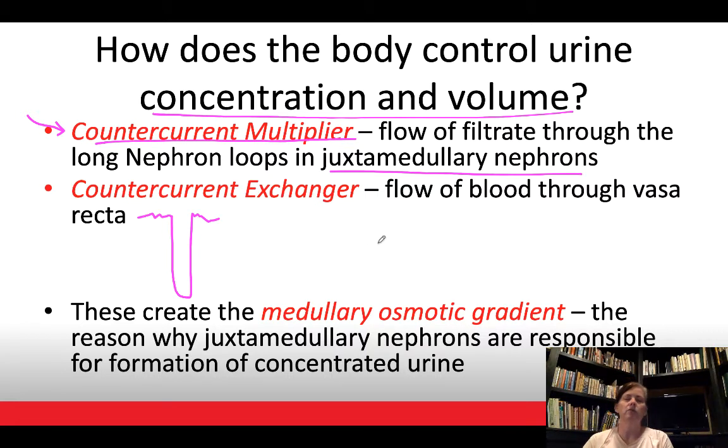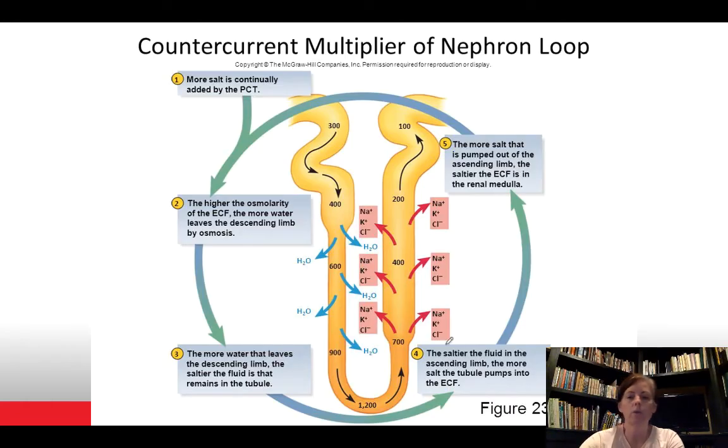If you remember, I said these accounted for only about 15% of the nephrons as a whole, and they were responsible for creating concentrated urine. So how does that happen? This is going to happen through this countercurrent multiplier and the creation of a medullary osmotic gradient. So what do we mean by that?